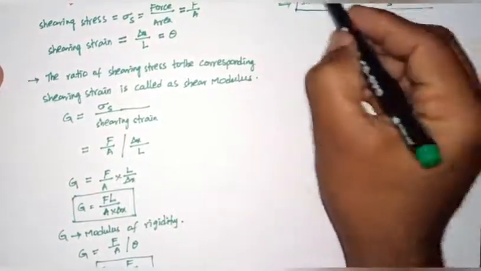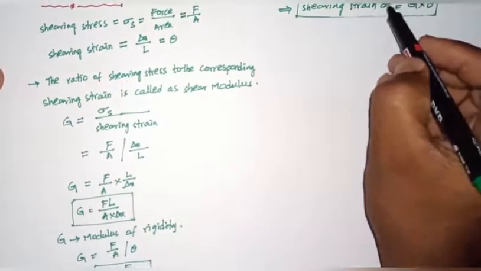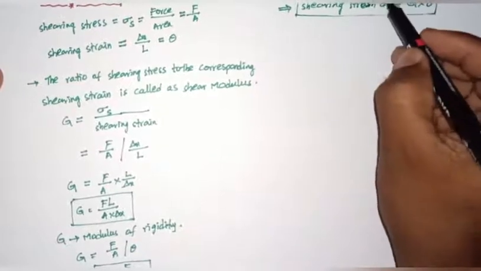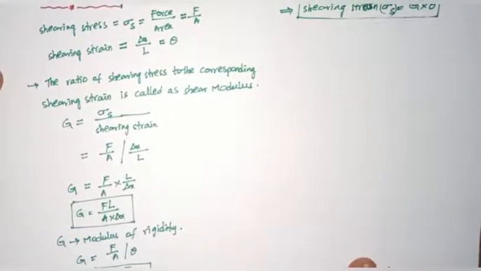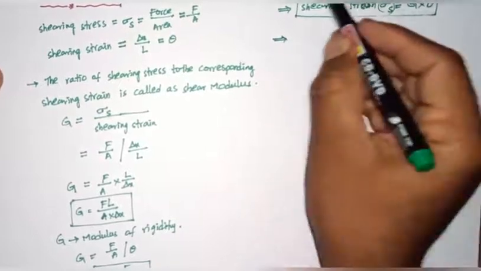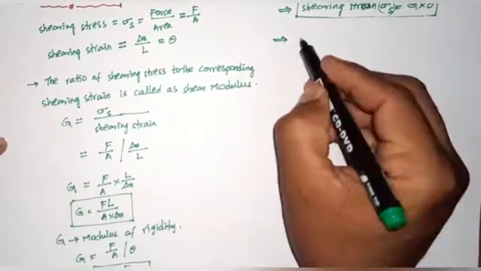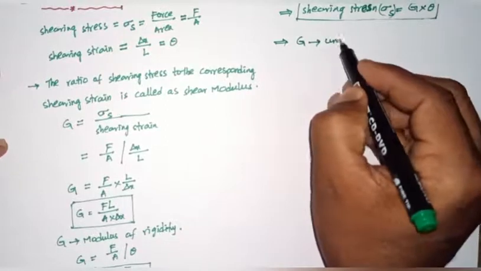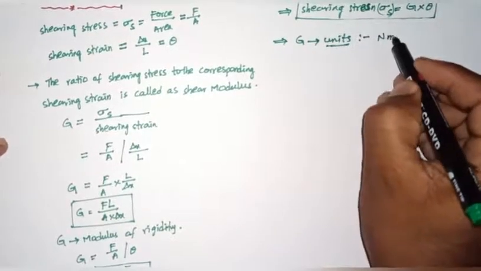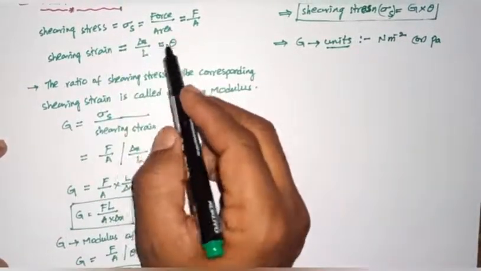So this is also an expression for shearing stress. For shear modulus G, the unit is newton per meter square, or pascal, because shearing strain has no units.